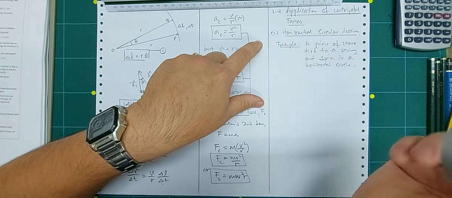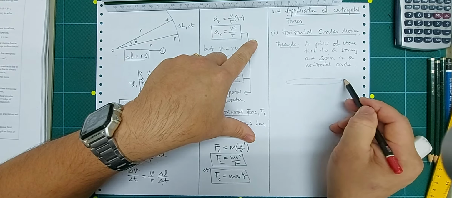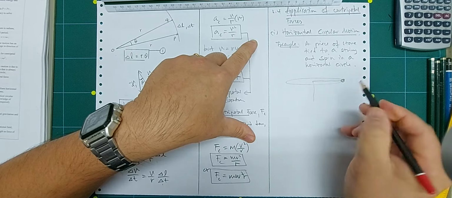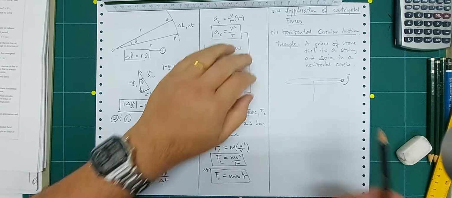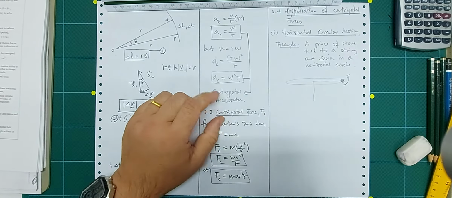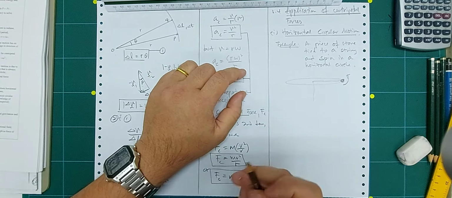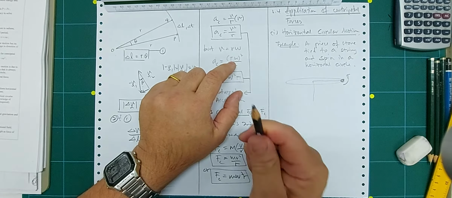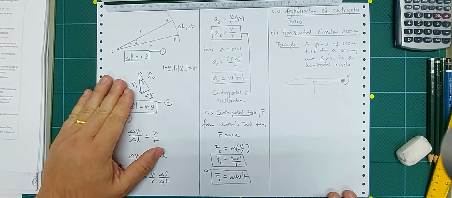You stand in the middle. This is the stone, and this is where your finger holds. The stone is moving like that, and you realize that you need to pull the stone. If you let go, someone is going to get hurt. If you swing this around in your classroom and suddenly the string snaps and the stone flies away, you have a lot of questions to answer.